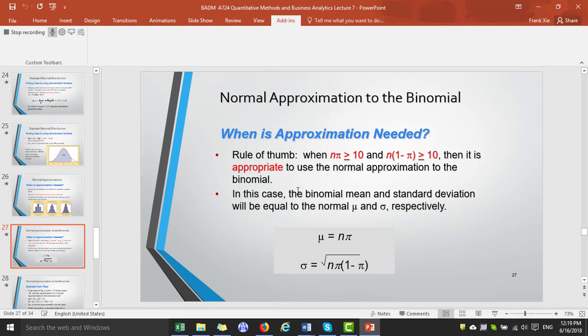For binomial, the mean is n times pi, as you saw in previous slides, and the square root of n times pi times 1 minus pi gives you the standard deviation. If you know the mean and standard deviation, then you can calculate the binomial just as if you were calculating the normal distribution. So you can use that as an approximation.